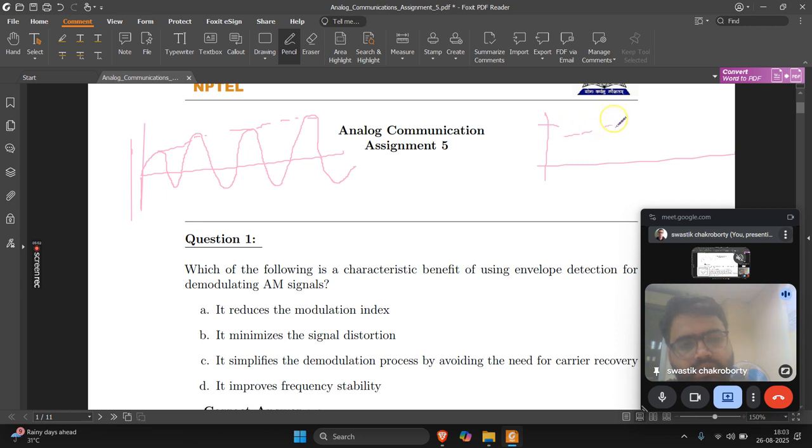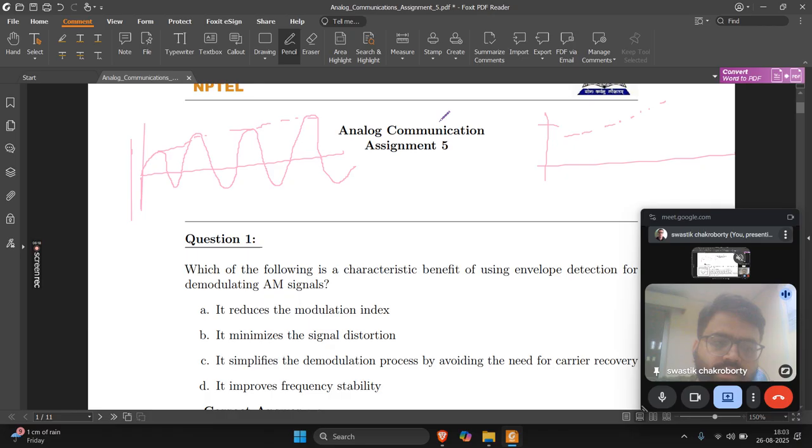Since the amplitude of the waveform squarely depends on the message signal, detecting the envelope is equivalent to detecting the message signal. So what is the characteristic benefit of using such a method?